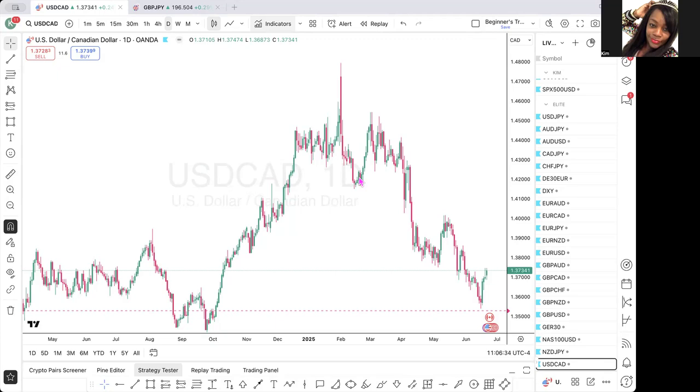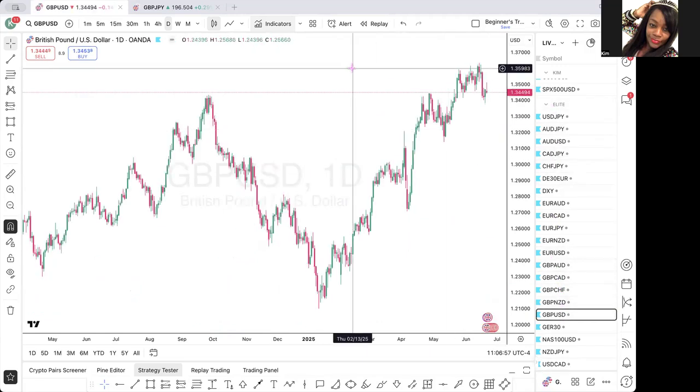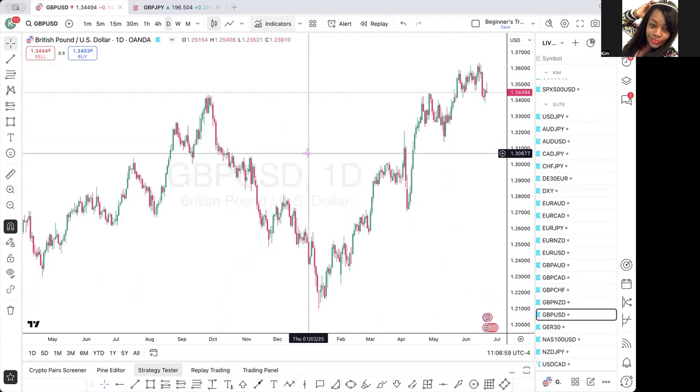And then we have, is Devo on here? Maybe not. That's okay. We're going to go over D Will's chart, which was GU, based on the daily.